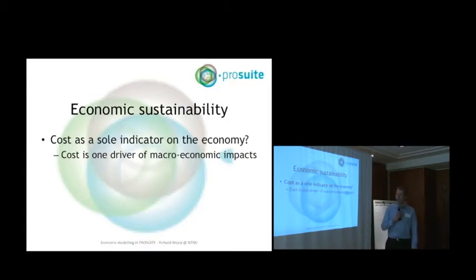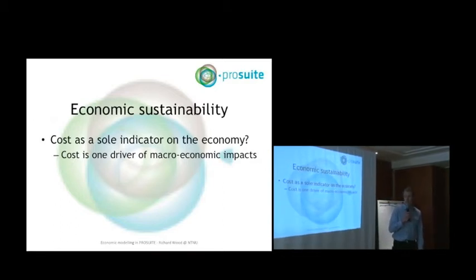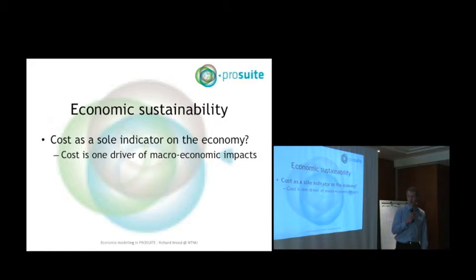Perhaps it's a little bit simplistic to say, but in life cycle sustainability assessment, the state of the art is very much focused on using life cycle costing to represent economic impacts in the LCA framework.